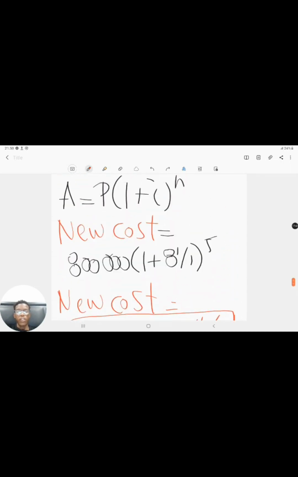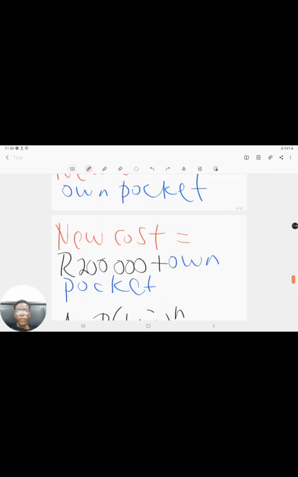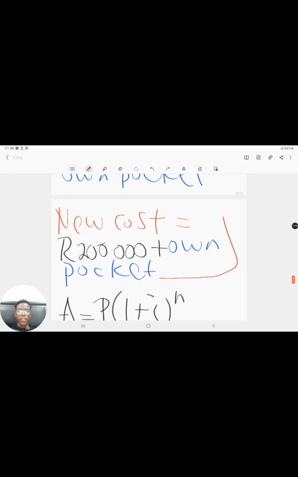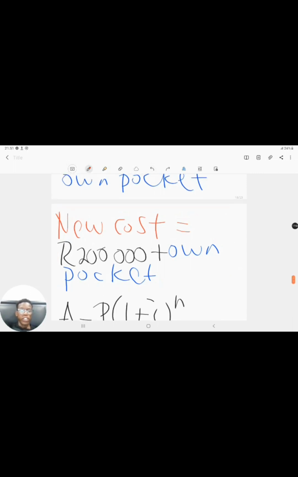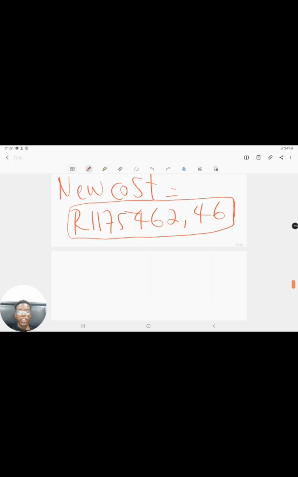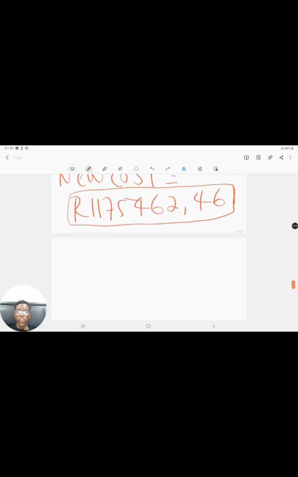his own pocket. Remember, this is the equation, right? This new cost is equal to 200,000 plus own cost. Okay, so we can just substitute that value that we just calculated here. This is the new cost. So the new cost is 1,175,462.46.